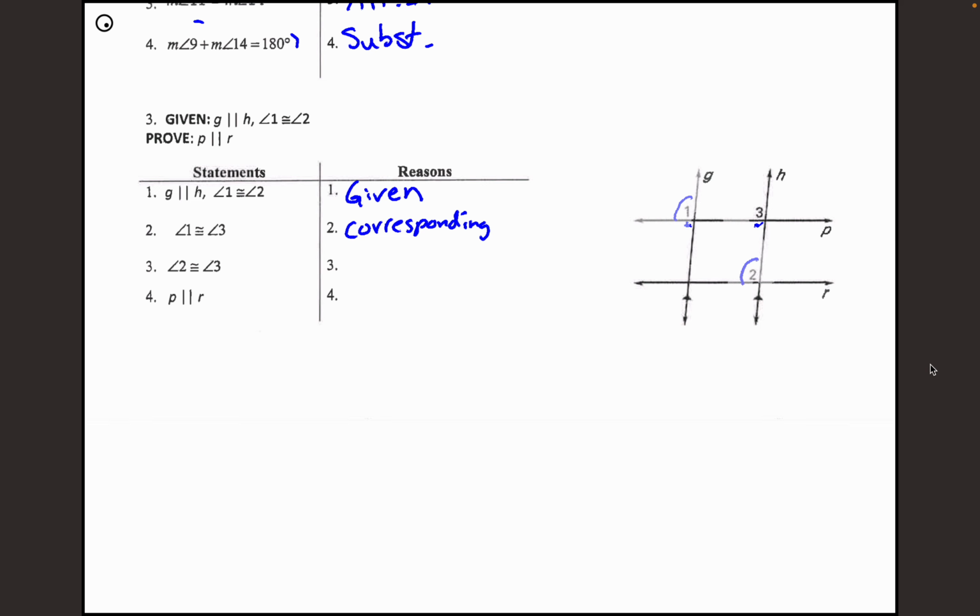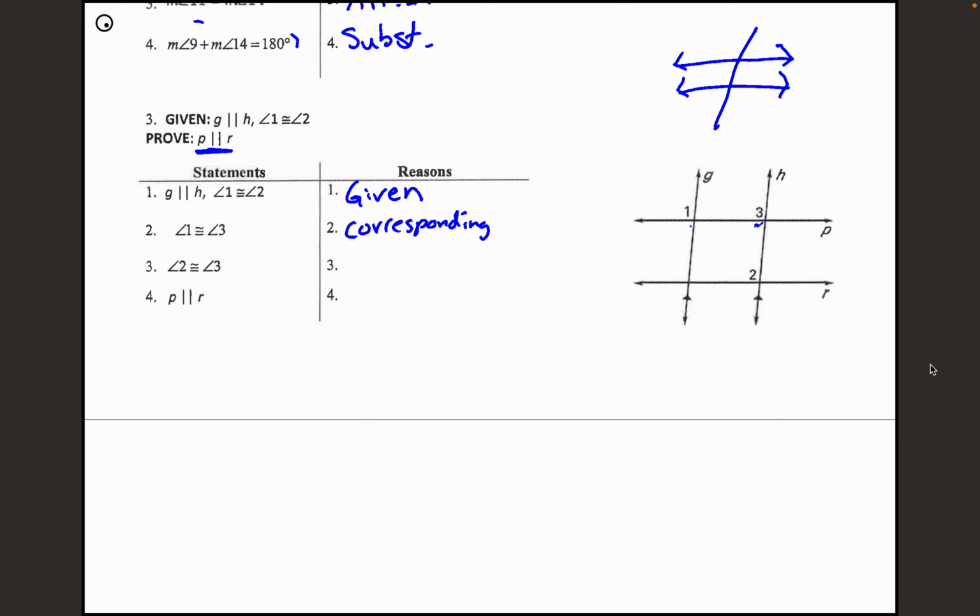When we do these angle transversals, these two lines are parallel every time in order for it to work. Well, this time, do we know if P and R are parallel yet? We don't know if they're parallel, so we can't say corresponding, because that's what we're proving.